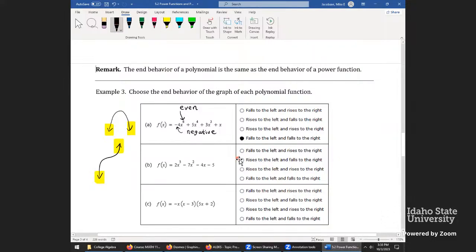And so let's see here, rises to the right and falls to the left. I think that's this first option. So falls to the left is that portion, rises to the right is this arrow right here. We don't know what happens in the middle, so we're just drawing these generically, but we do know what happens in the end behavior at least.